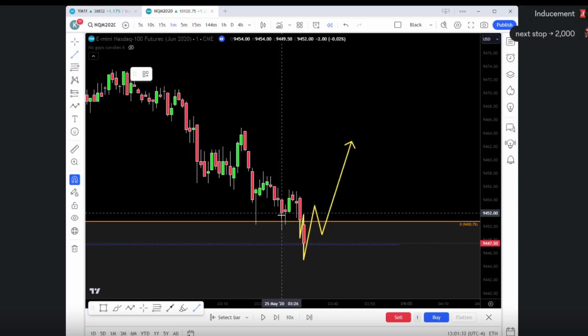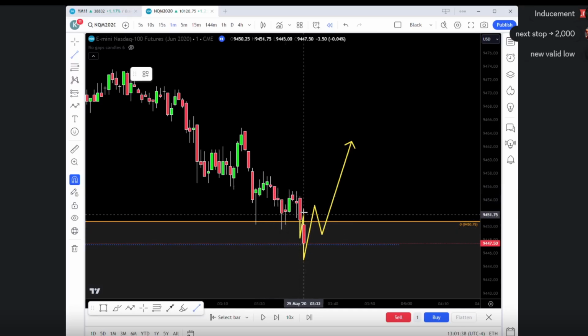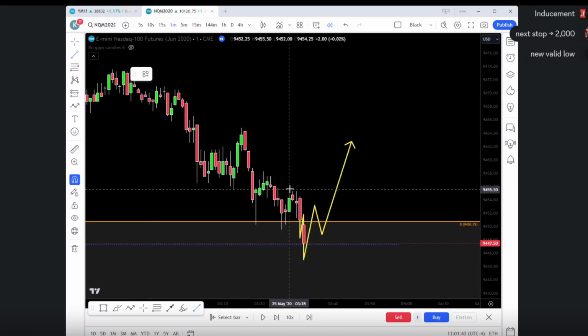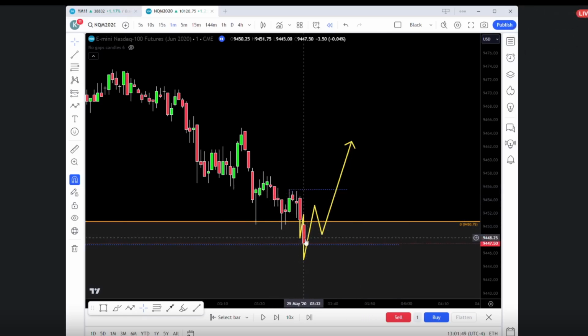Did this become a valid low? Yes. So this is our next swing that does what? Makes this a protected high, which then, sorry, this became a protected high when we close below here.